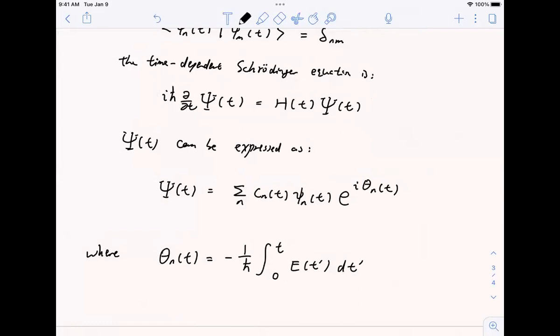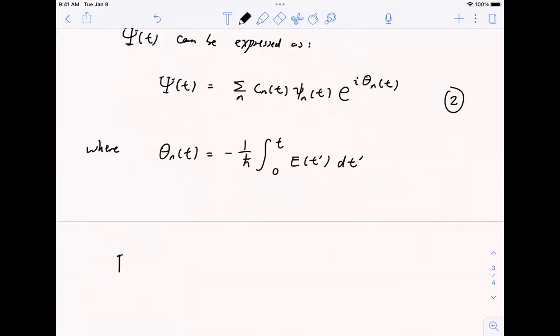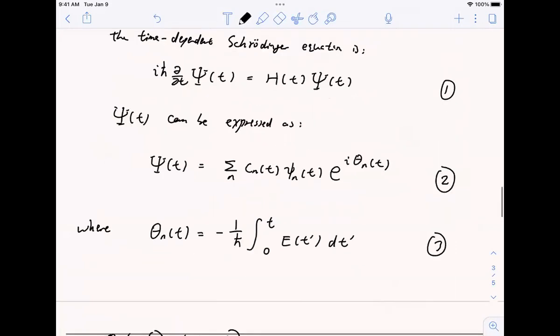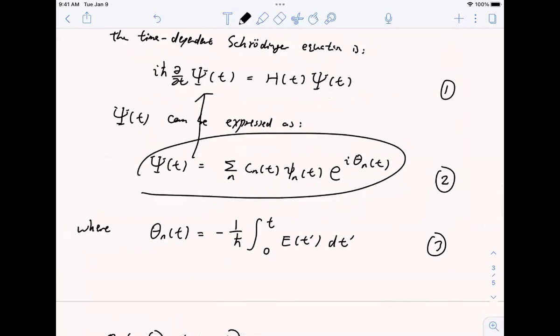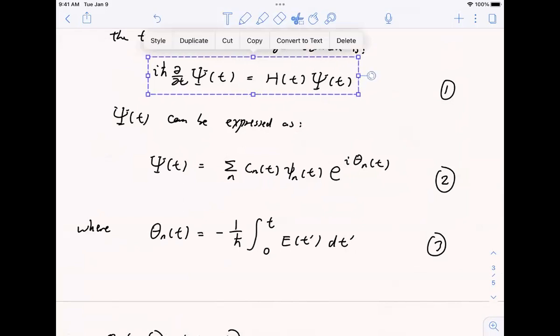Let's say this is 1 and 2, and let's say this is 3. We're going to put 2 into 1. You're going to put it into here, so you have the time derivative. Let me copy this.